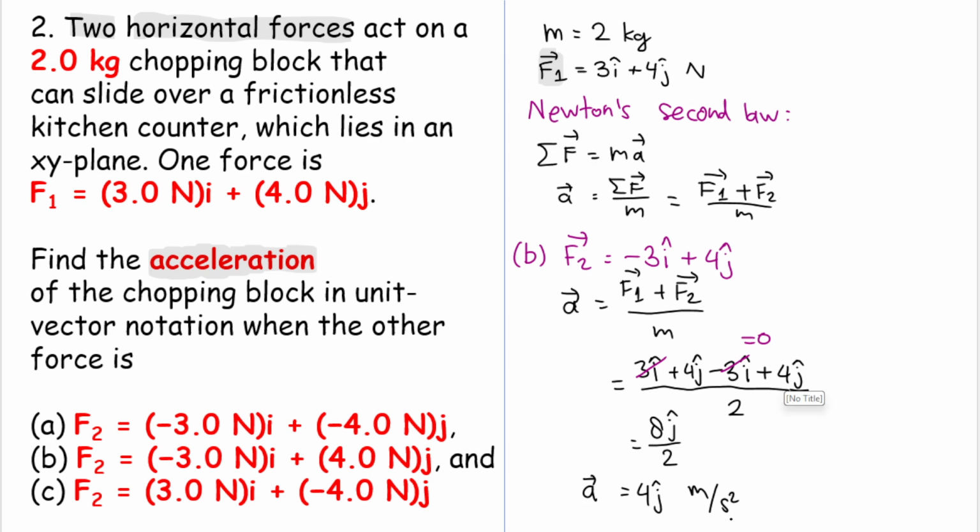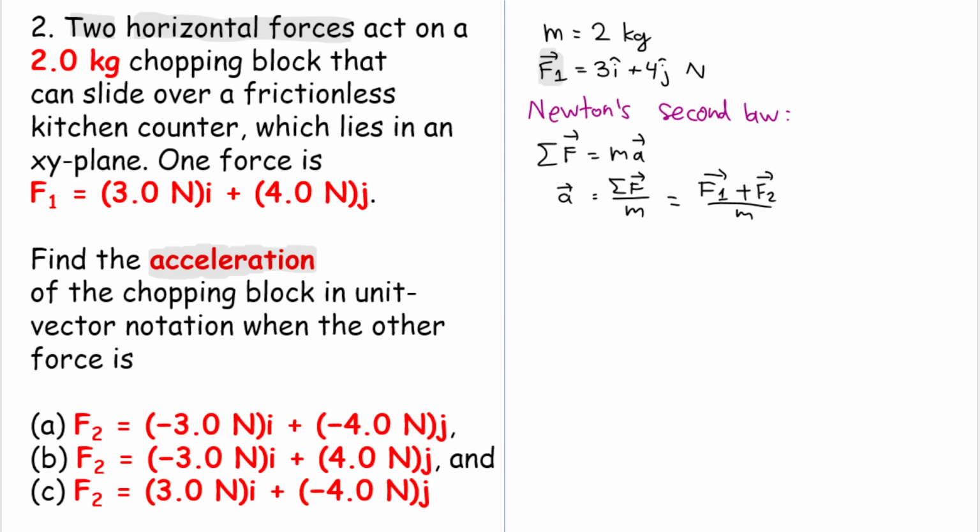Now let's move on to question C. But before that, our slide is full. Let's erase this. Okay, now let's do question C. We can do the same game again. So this time our F2 here is 3I and then minus 4J. Good, we can just plug that in.